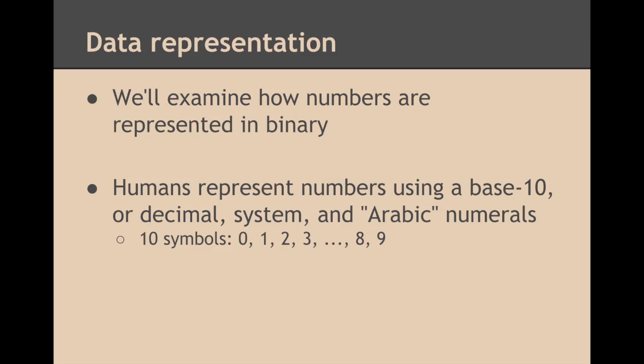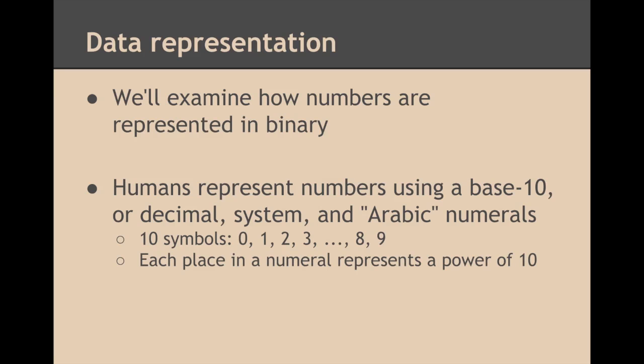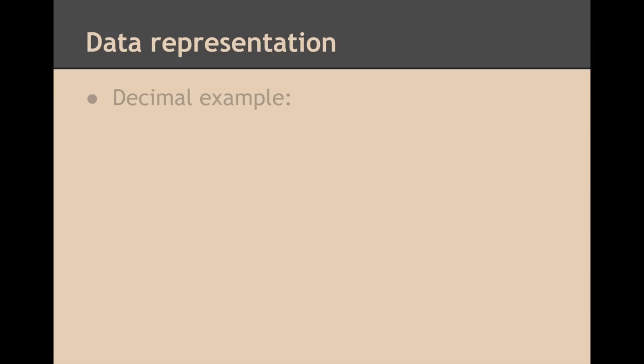And we have a place value system that lets us convert in our head those numerals that we read into an actual value. Okay? So every place in a numeral represents a power of 10, and that's how we can tell what value the representation has. So let's take a look at an example.